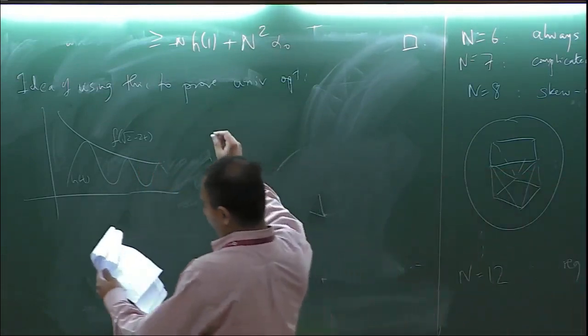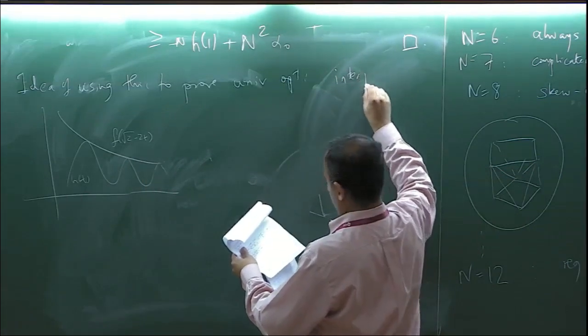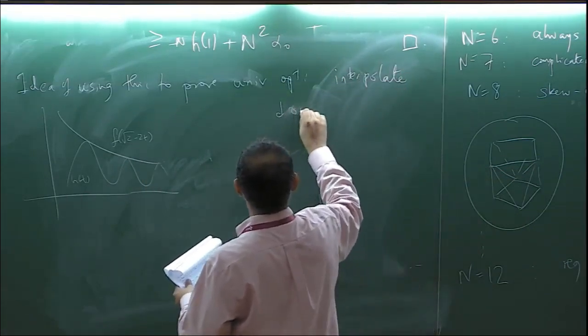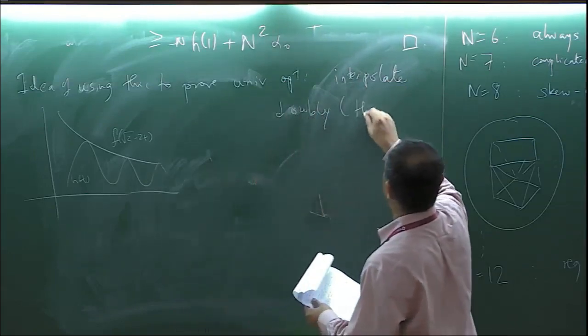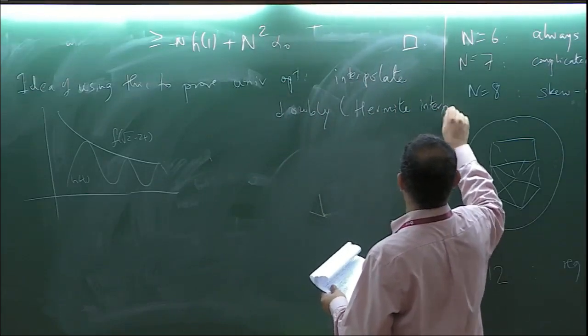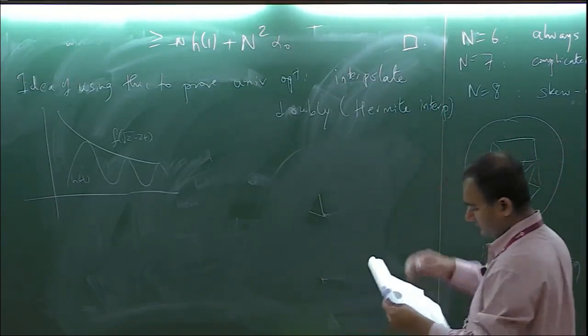So the idea is the following. You interpolate doubly. That's just called Hermite interpolation. Normal interpolation, let's say Lagrange interpolation, is where you interpolate singly a function at some points using a polynomial. Here you interpolate doubly.